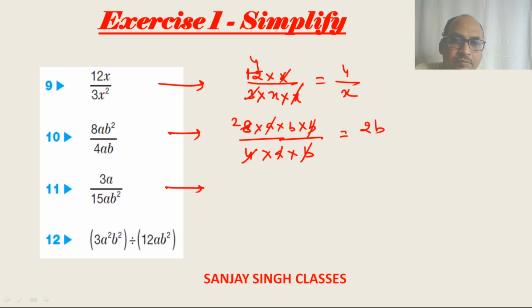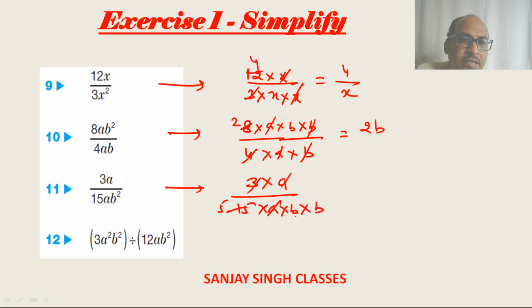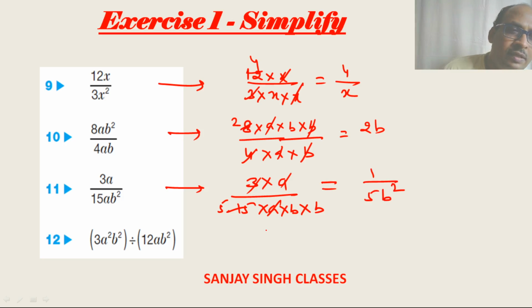Okay. This is 3 into a by 15 into a into b into b. So a got cancelled, 3 fives are 15. So it will become 1 by 5b square.